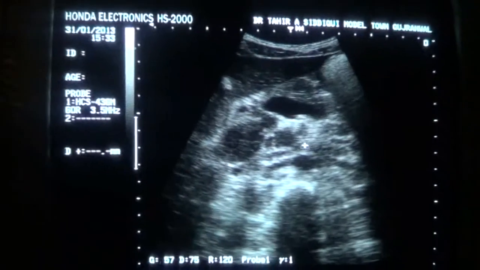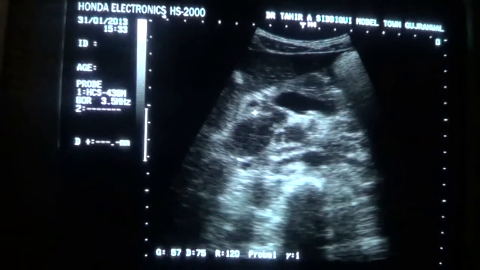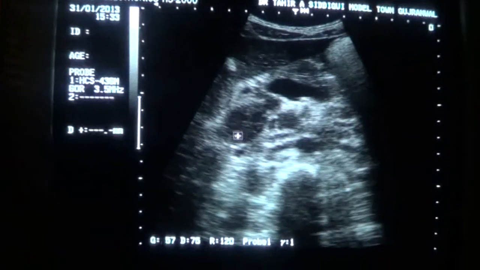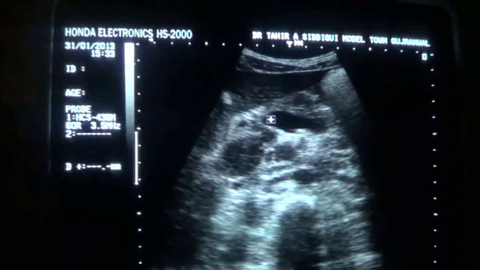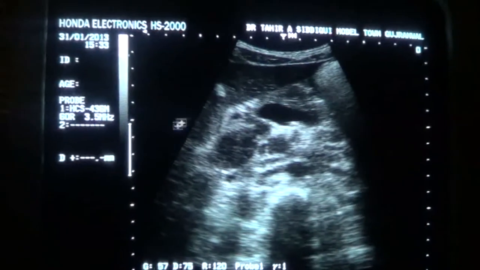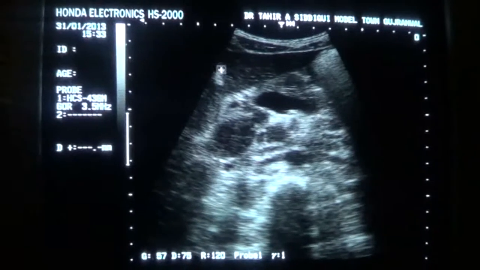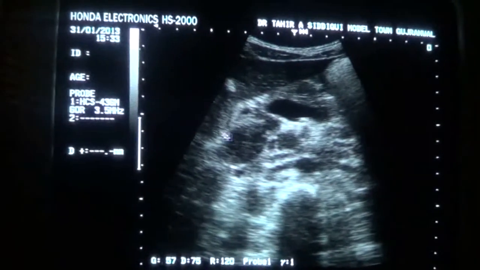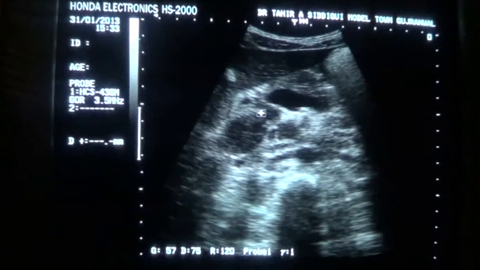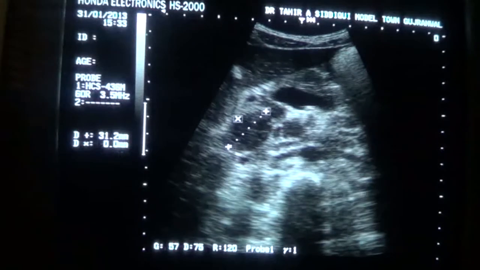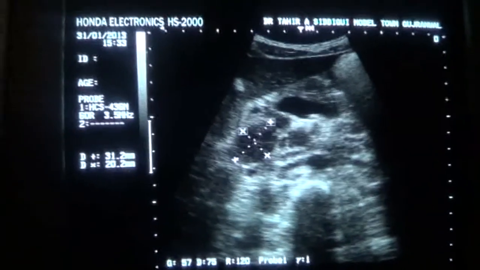This is the left renal vein entering into the IVC. This is the lymph node in the parapancreatic region. This is the superior mesenteric vein. This is the liver. This is the ligamentum teres in transverse section, giving shadow. So in this plane, transversely, we can see a lymph node in the para-aortic plane as well.